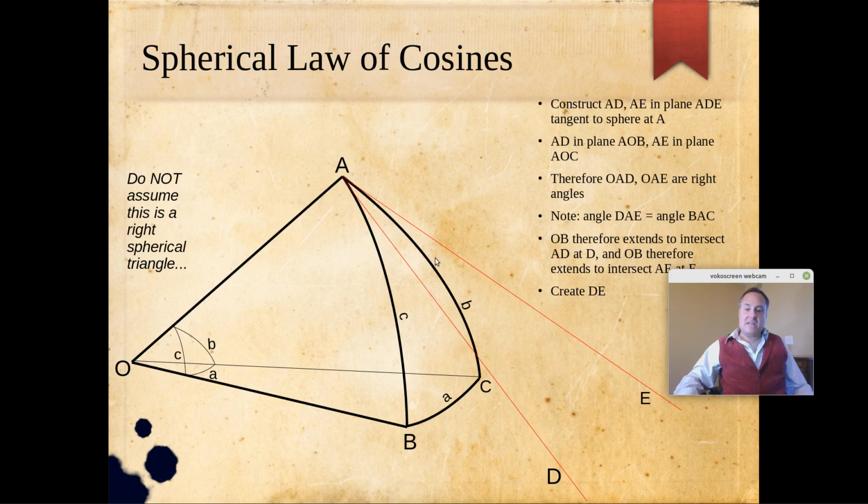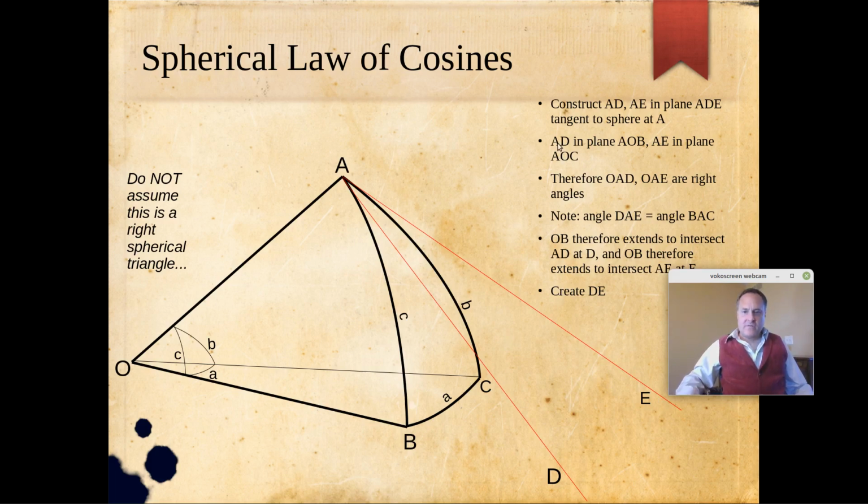And the angle DAE lies on that plane, and it represents the projection of AB and AC, so that AD is a projection of AB and AE is a projection of AC. And it turns out that the angle DAE is the same as the angle BAC. Okay?